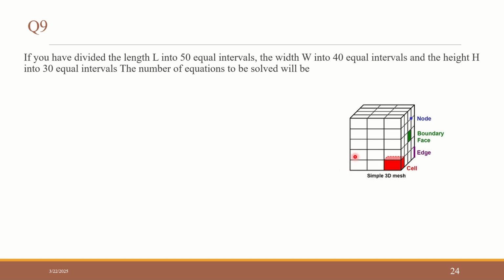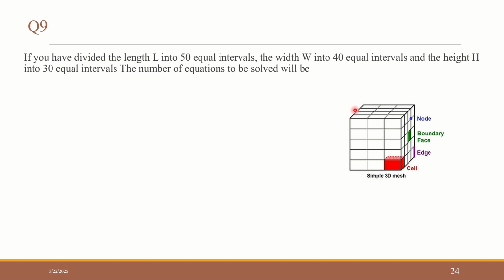So it is 5 minus 1, 4 points along the y, and in the x we will have 3 equal intervals and we will have 2 points because 2 more falls in the boundary. So it is 3 minus 1, 2, and similarly in the z direction we are having 4 equal intervals and we will be having 3 points, 4 minus 1.